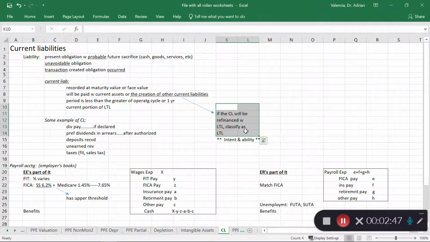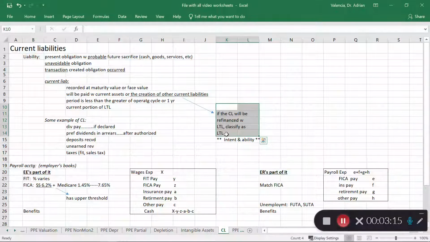The reason is that current liabilities create an urgency of having to pay something fast, versus a long-term liability where the payment obligation is, as it states, in the long term. So because companies would be more inclined to want to classify something as a long-term liability, we have to be careful that two criteria are met.